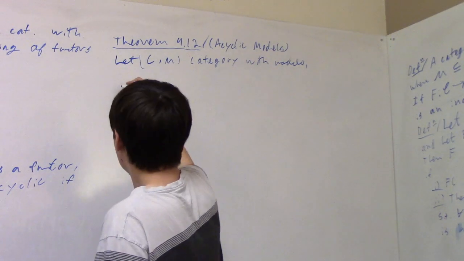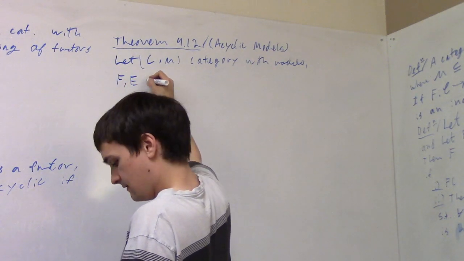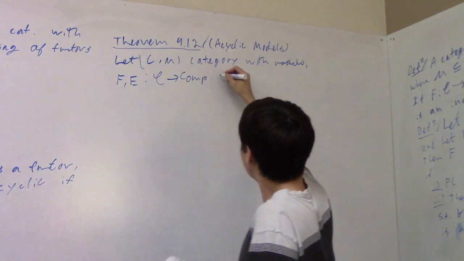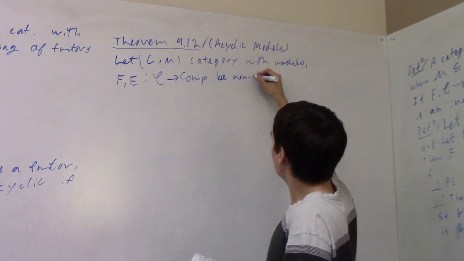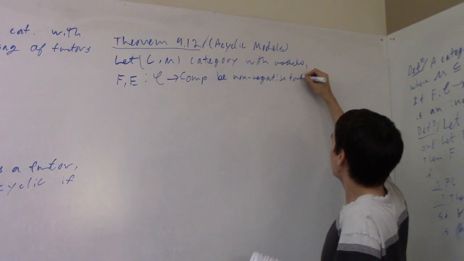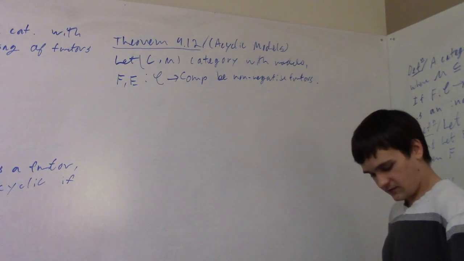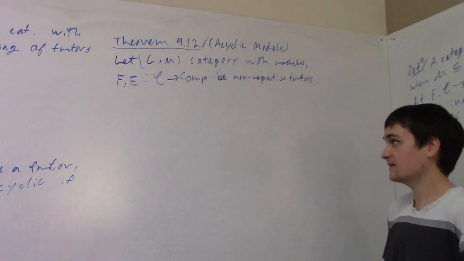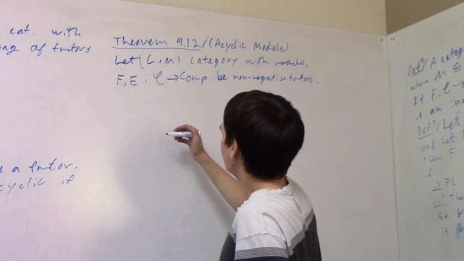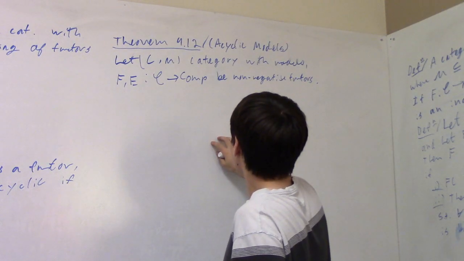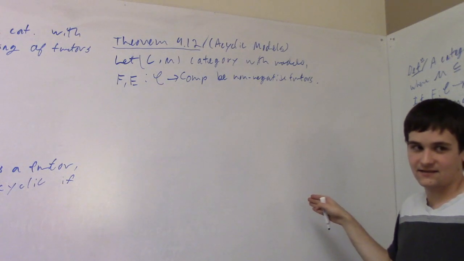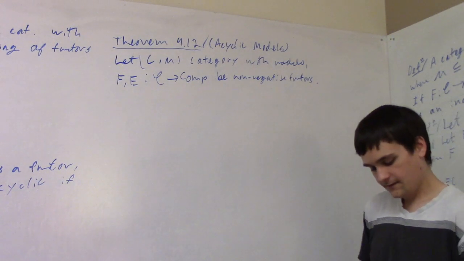Then let F, E from C to Comp be non-negative functors, which I forget where they define that, but basically it means that the image here in Comp isn't indexed past 0, essentially.